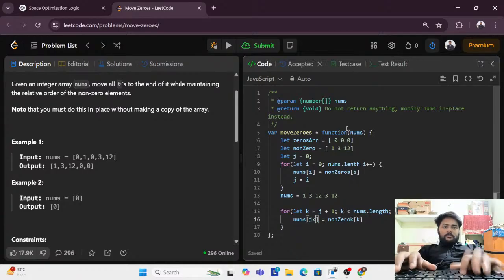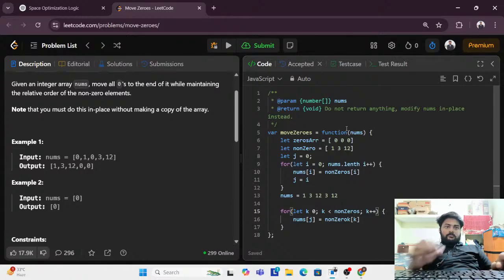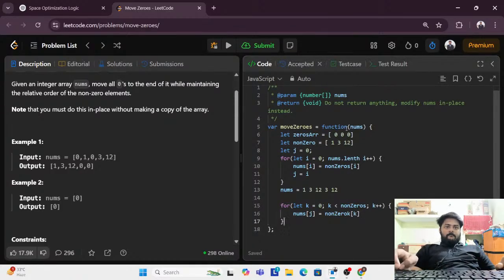Here it should be j, and I will start it from 0 and go till non-zero. So starting from 0, non-zero k will access this, because I have already stored this, so 0 1 2.